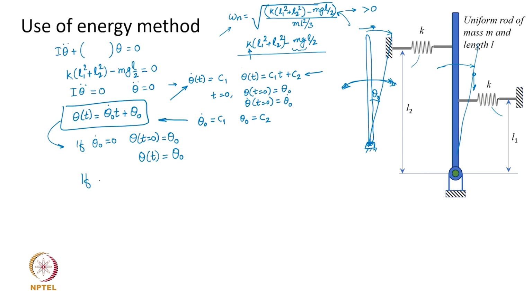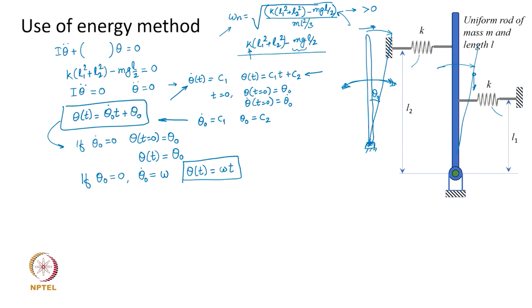However, if instead of giving any angular displacement to it initially, I perturb it by giving some initial angular velocity theta naught dot, that is, I just tap it with some initial velocity, then theta t is going to be omega t, which actually means that the subsequent angular displacement of this bar is going to continuously grow with time.